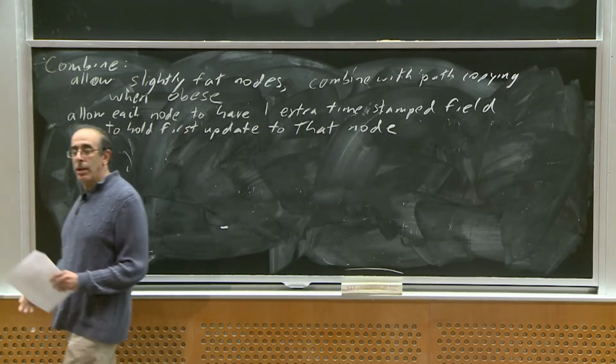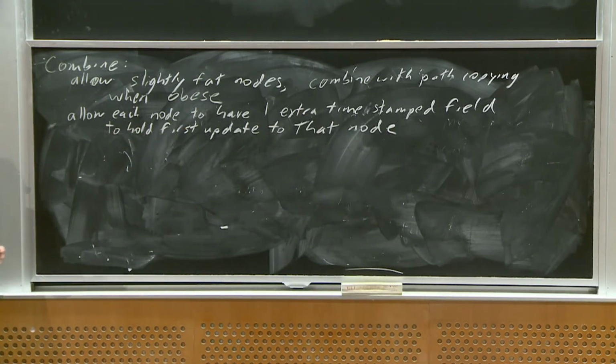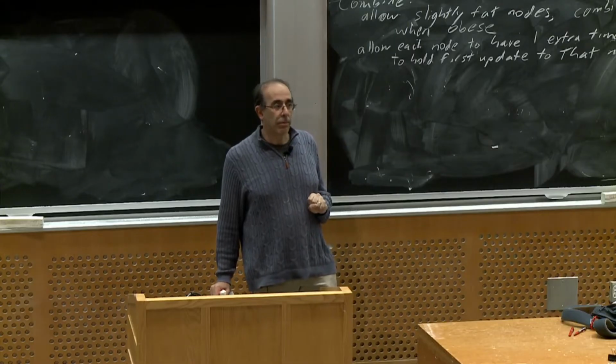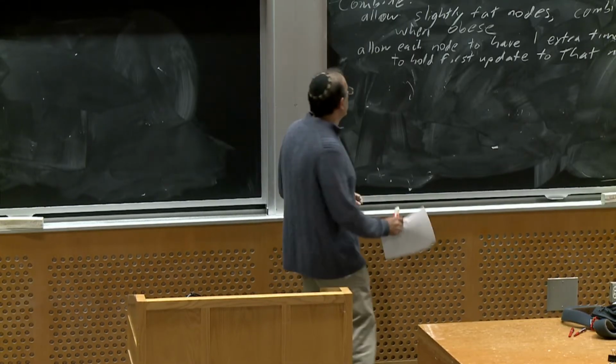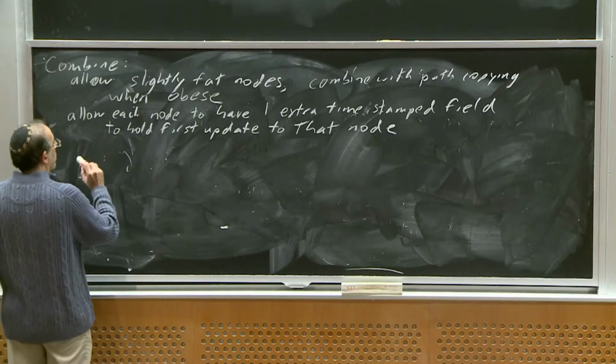Okay? So in this overflow field, when an update happens to this node, we will specify which field we updated, what time we updated it at, and what the new value was. So there's actually 3 values associated with this overflow field. And we will use it for the first update.